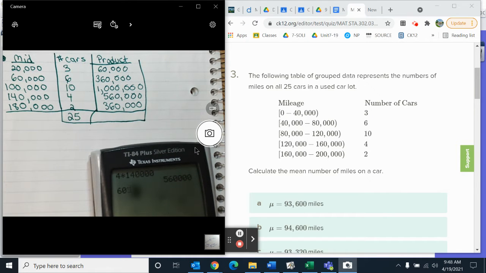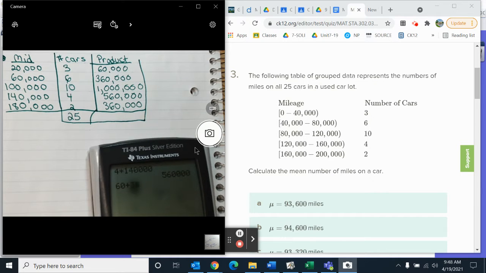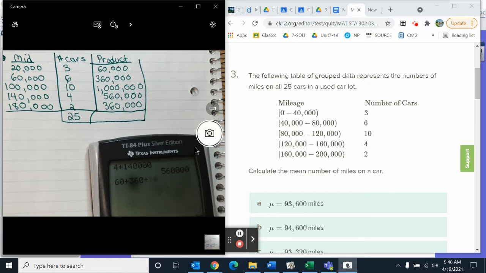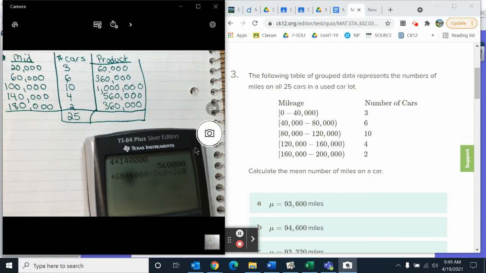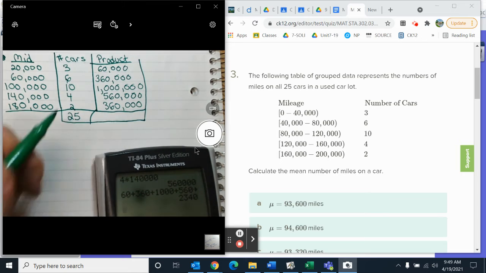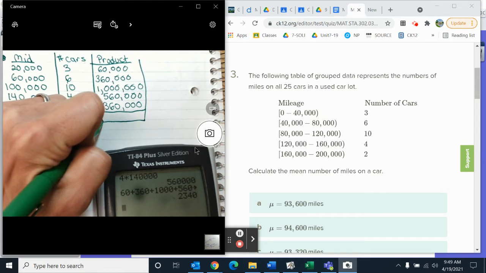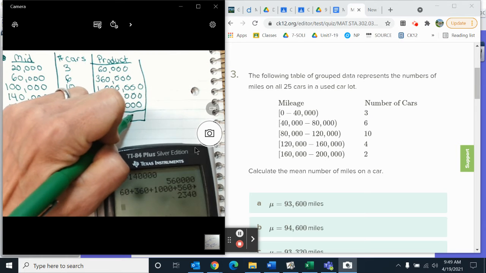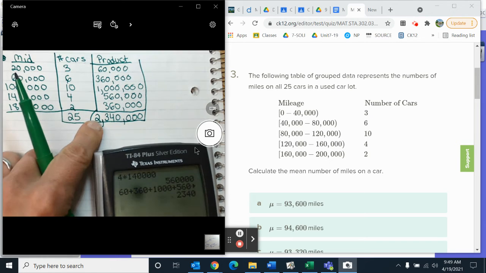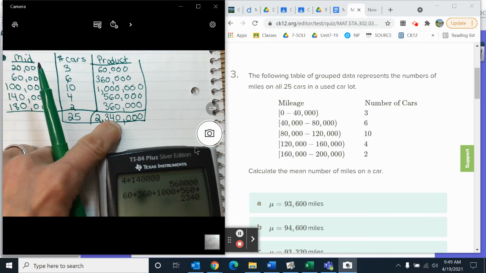So 60,000 plus 360,000 plus 1,000,000 plus 560,000 plus 360,000 is 2,340,000.